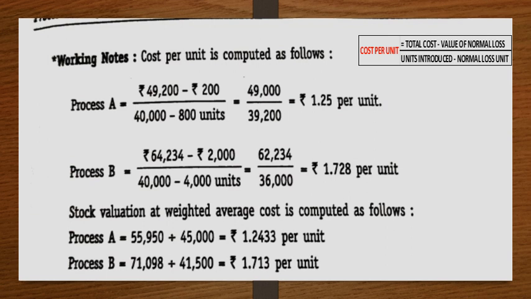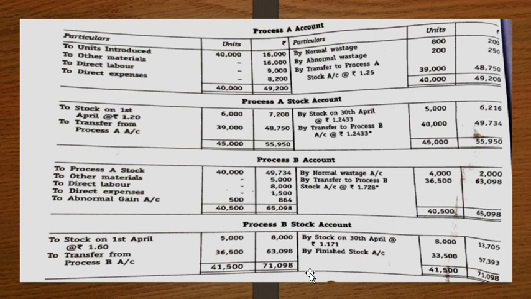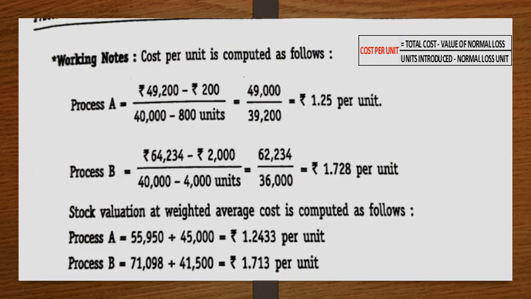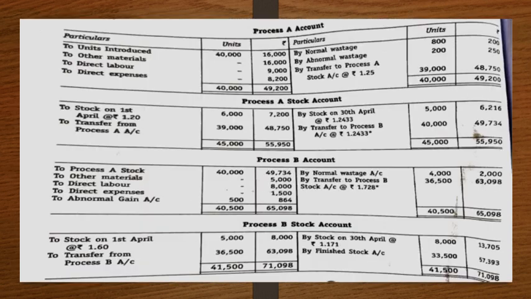So closing stock value is 8,000 into 1.713, which gives you 13,705. Then the balancing units are 5,000 plus 36,500, which is 41,500, minus closing stock 8,000, giving a difference of 33,500.